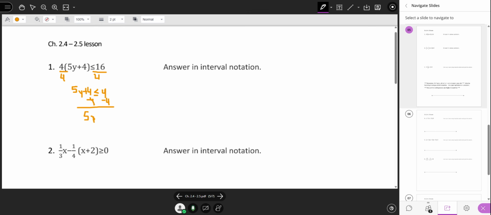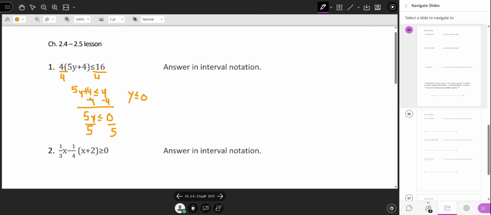So stuff smaller than 0, when I divide, I get y being smaller than 0.